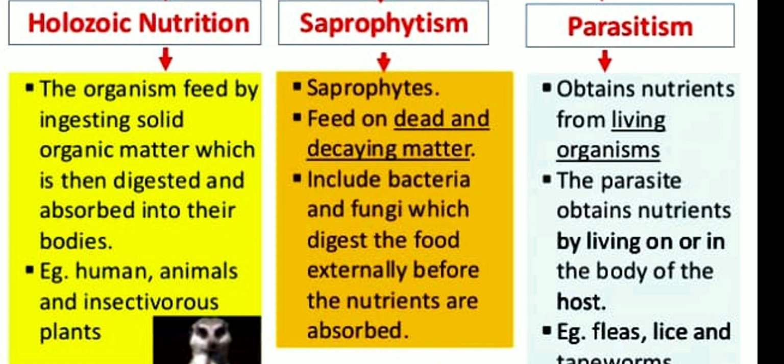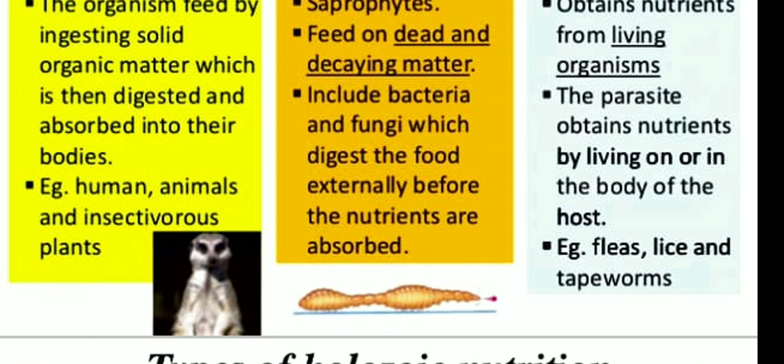Well, it is a type of nutrition in which the organisms, or the parasites, obtain their food or nutrients from other living organisms. They feed on living organisms. The organism that provides substances to a parasite is called a host.